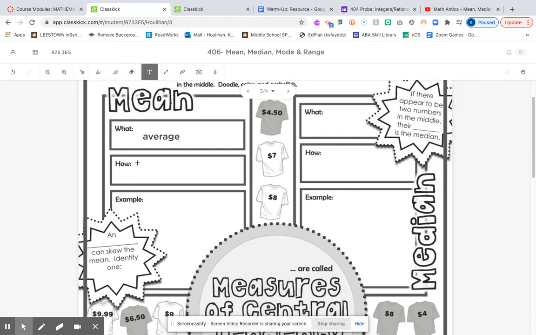So I'm going to go on to the how. How do you find the mean? Well, you're going to add up all your data. Let's make my font littler. There we go. Add all numbers, then divide.